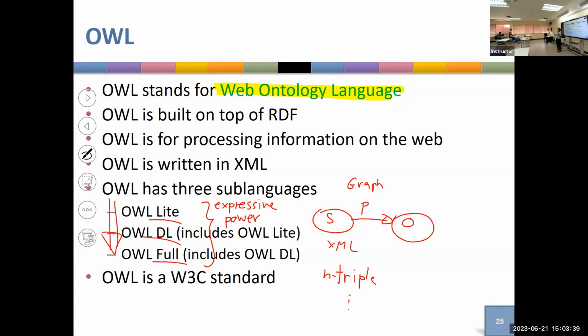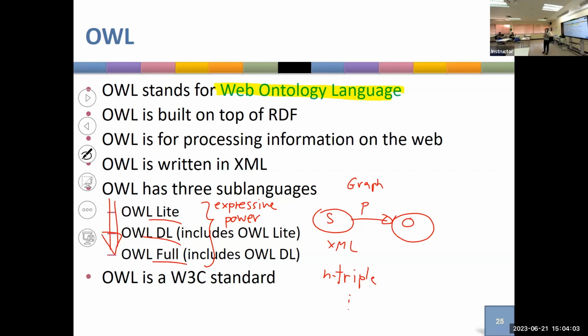Lite is of course smaller. So everything is a subset and superset. Full contains everything. DL is one subset inside Full. Lite is another smaller subset inside description logic. So anyway, the lower these sub languages, the less the expressive power.